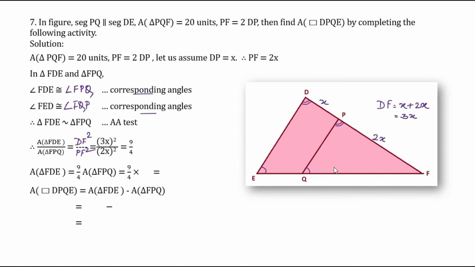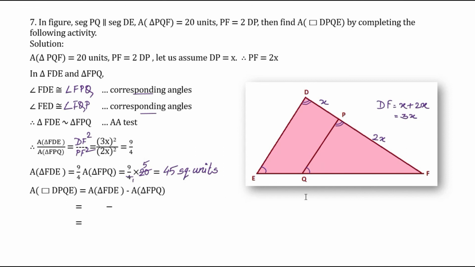So I can write here 20. So finally, 4 1s are 4, 4 5s are 20, and 9 5s are 45. So 45 square units. As it is area, we have to take care of this unit. This is square units.